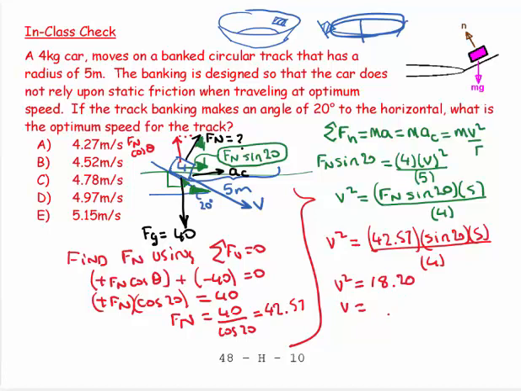So v is equal to the square root of 18.20. v is equal to, second square root, second answer, it's going to be 4.26, 4.27 meters per second. And there it is, yeah.